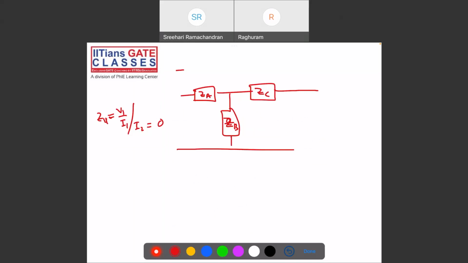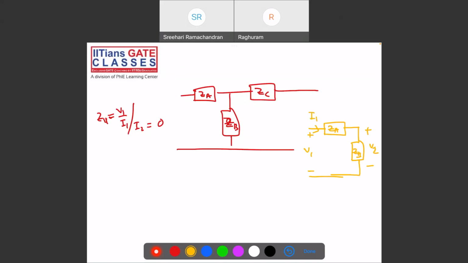When you open the second circuit, this is how your circuit will be. This is I1, I2 is 0.